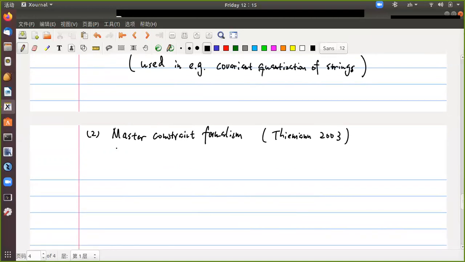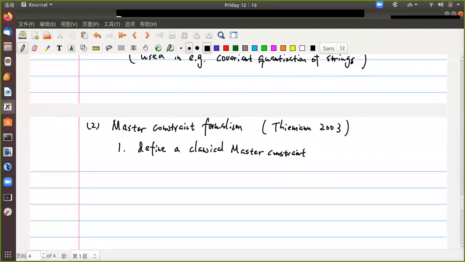The idea is that classically we're looking for some classical equivalent constraint which is somehow better than the earlier constraints. So firstly, we define a classical master constraint. The master constraint is only a single constraint. It's not an infinite number of constraints.